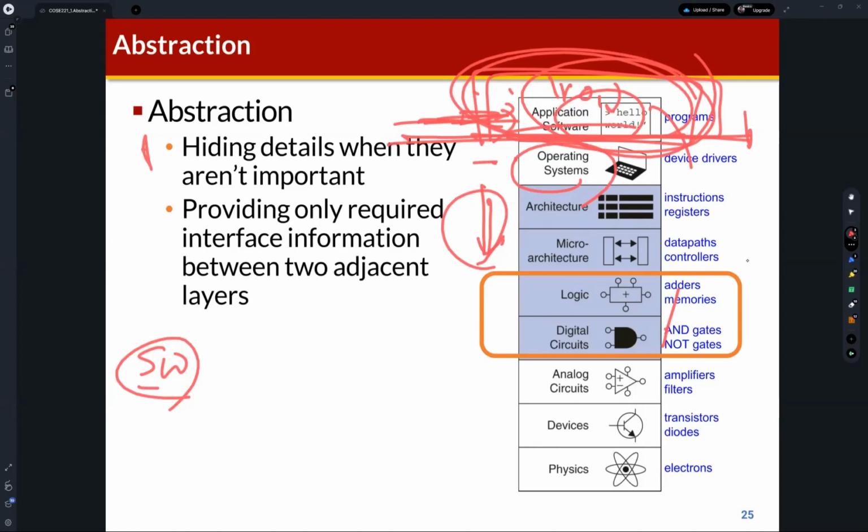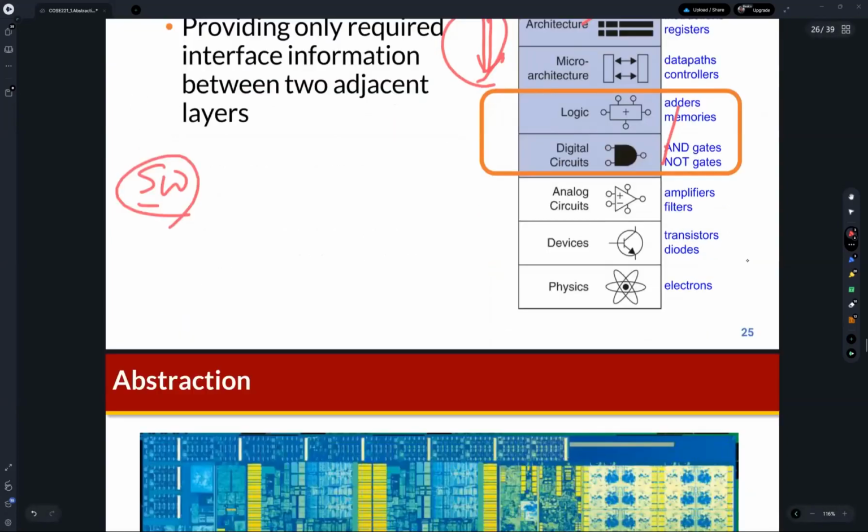So that is the disadvantage of abstraction. But we require the concept of abstraction because we are handling very complex systems. So that is the art of handling complex systems. So this is abstraction.